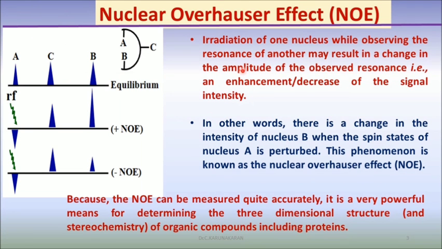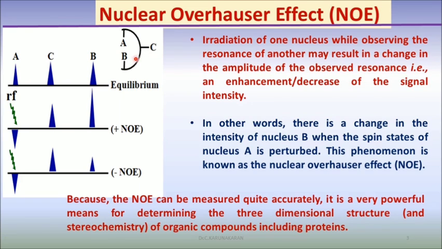Now we will study what the nuclear Overhauser effect, NOE, is. For example, this is a protein molecule or organic molecule where there are three protons, A, B, C. There are three different protons, and they give three different chemical shifts. A and B are spatially closer together, whereas C is not.